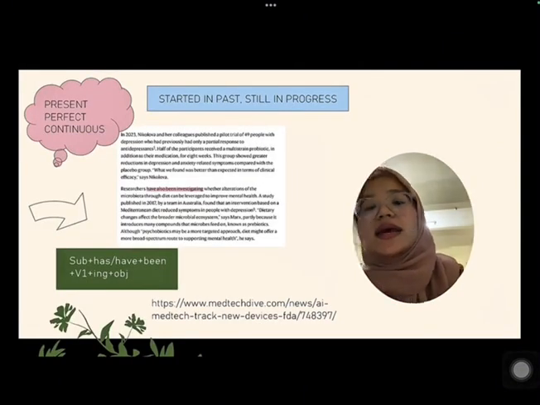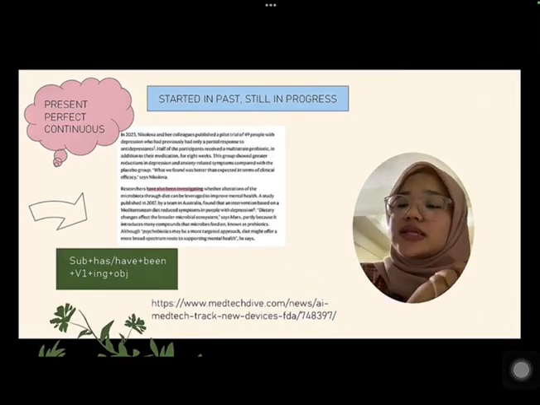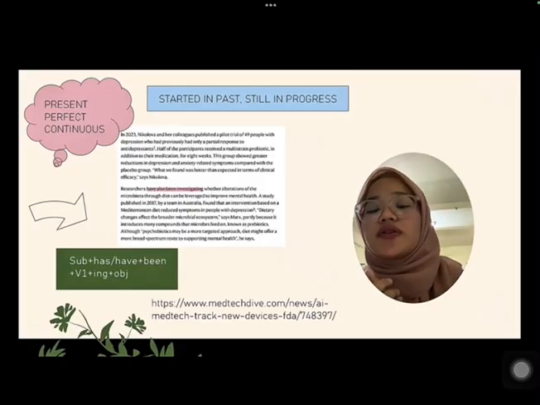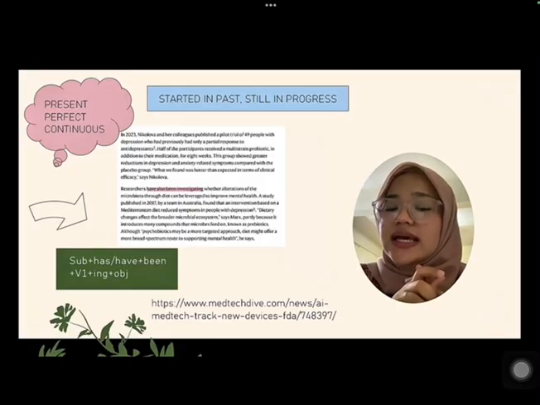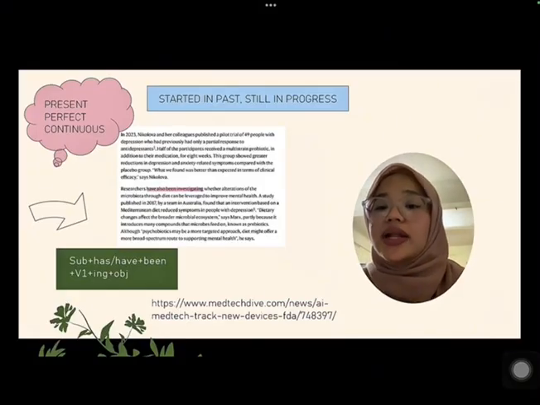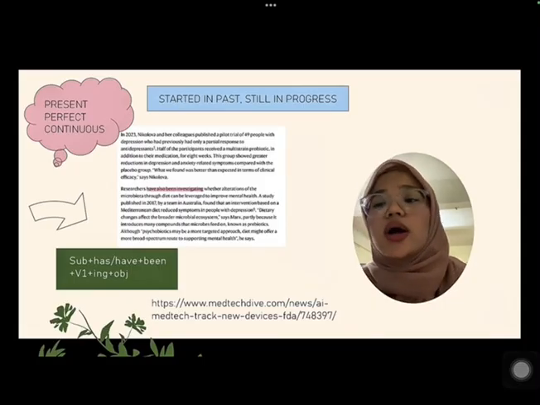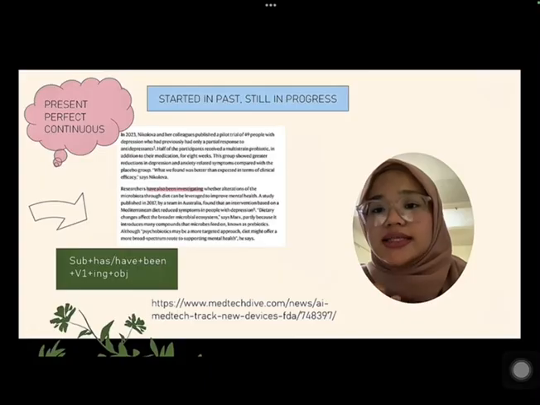So the last one is present perfect continuous, to show that it started in the past but is still in progress. The formula for present perfect continuous is subject plus has for the singular and have for plural plus been plus V1 with the ing and plus the object. So let's look at the example given.